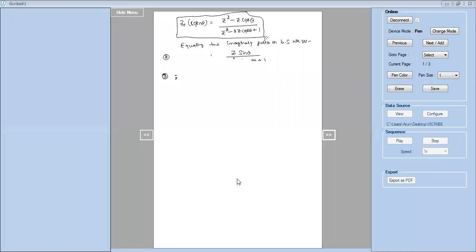Okay, so we start the third one. It is the Z transform of K power n into cos n theta, right?